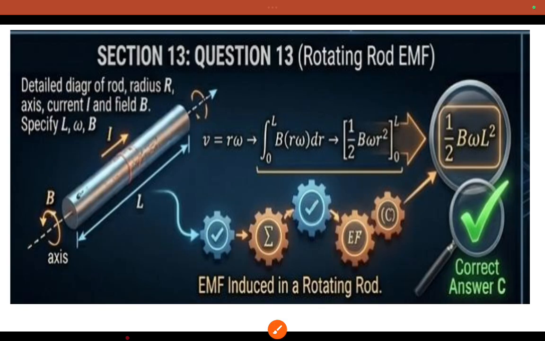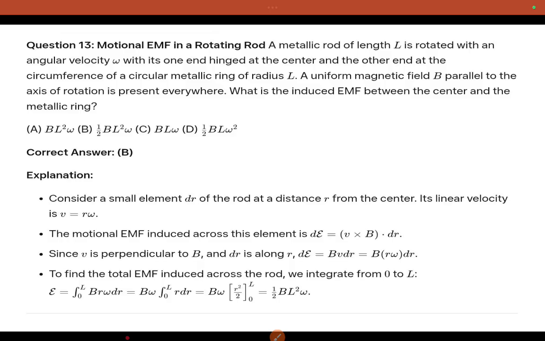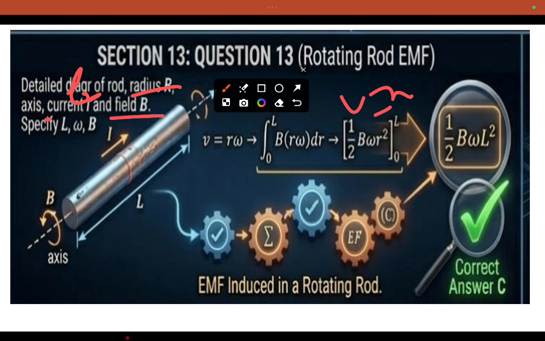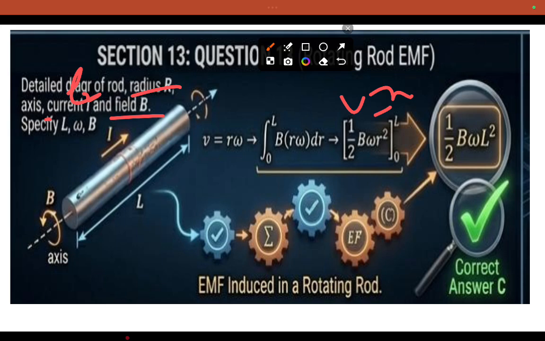Here you can see the detailed diagram, with the length of the rod L, radius r, and field B. After simplification you will get 1 by 2 B omega L square.